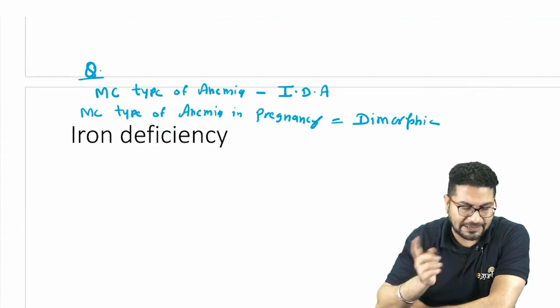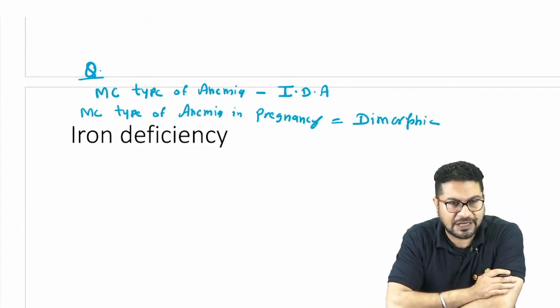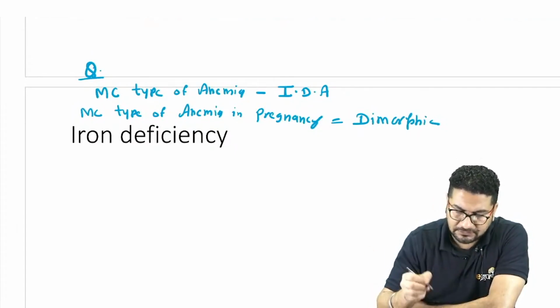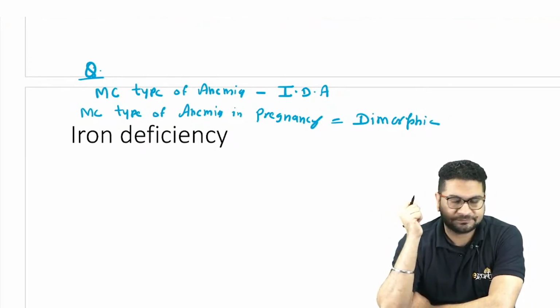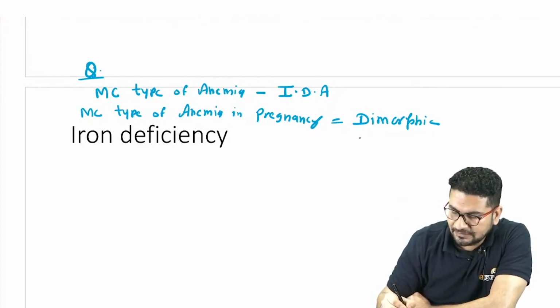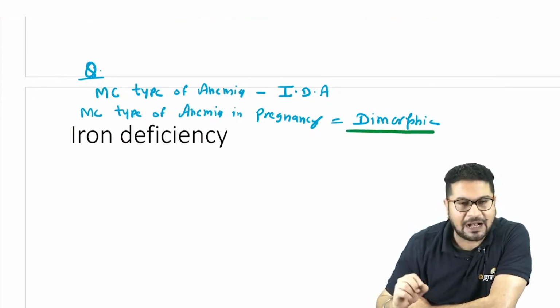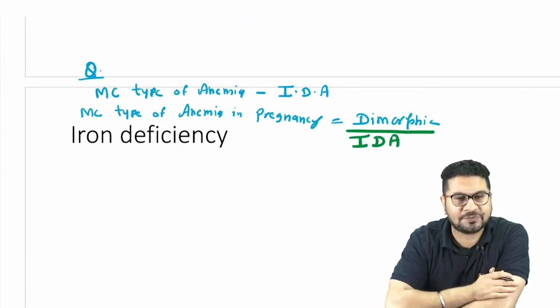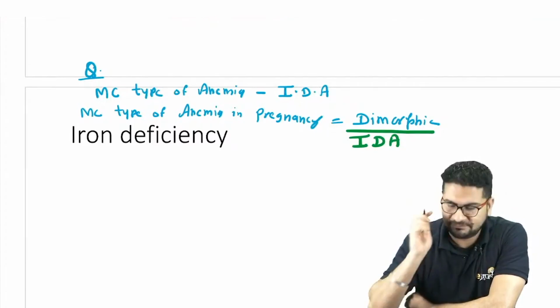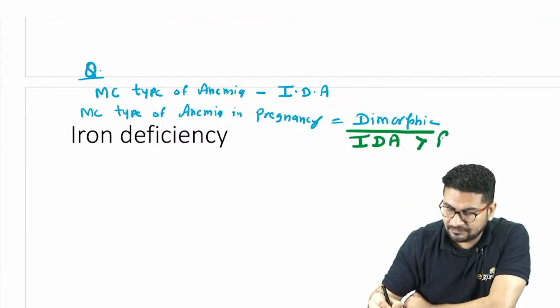Dimorphic means both iron and folate. In pregnancy, understand this, we give folate supplement to the mother. But suppose I am a cunning examiner, मैंने आपको दोनों option दे दिए, iron and folate. So remember, iron deficiency is still commoner than folate.